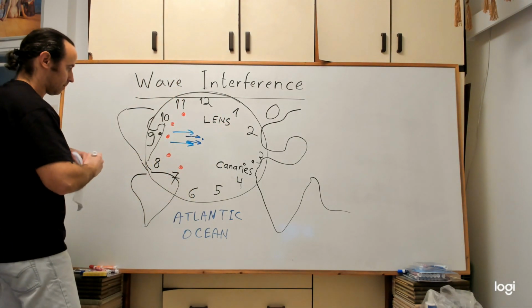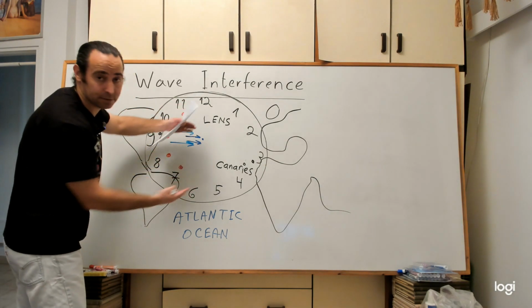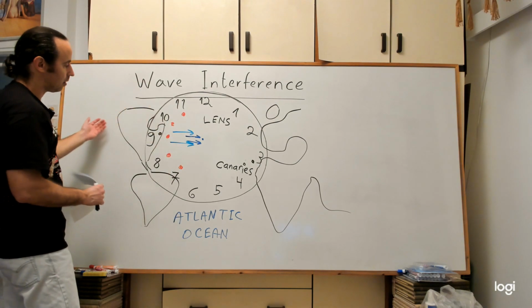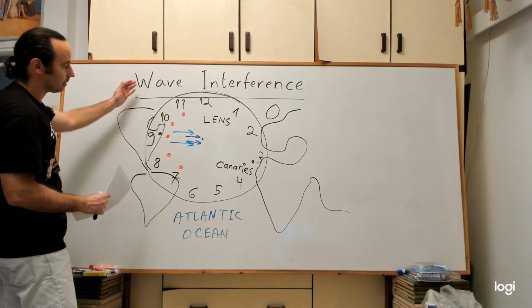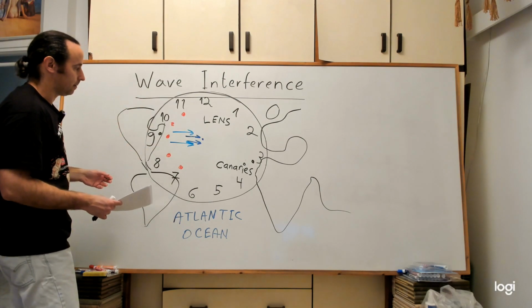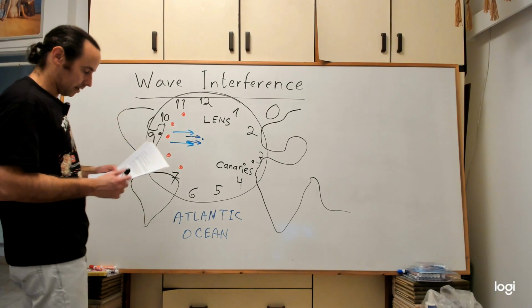And all these together are forming a lens of fluid. And backwards, towards New York and towards whatever is here, Canada, it's not focused. It's spreading, dissolving.